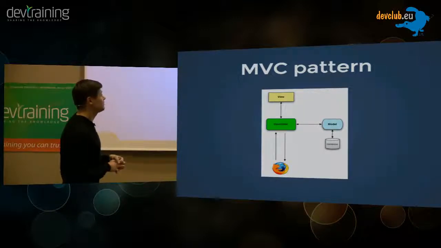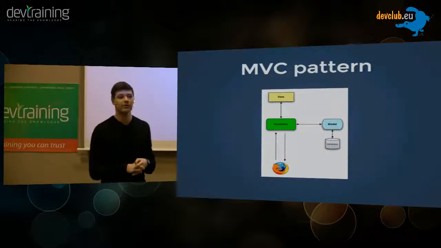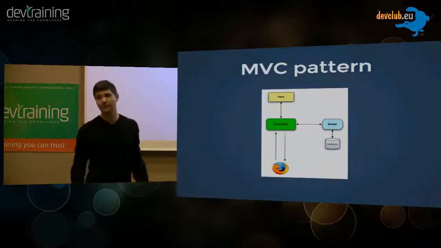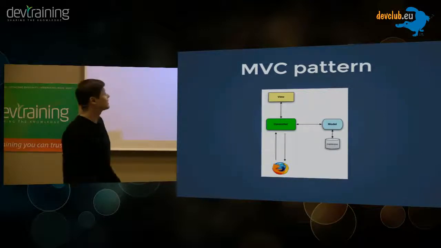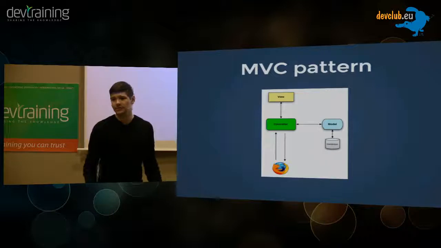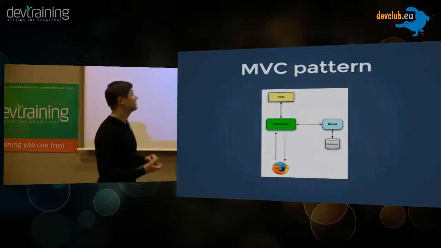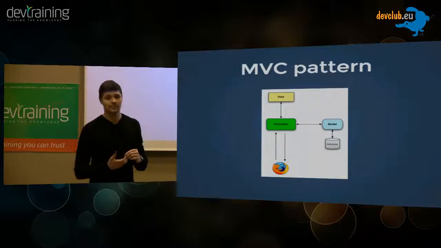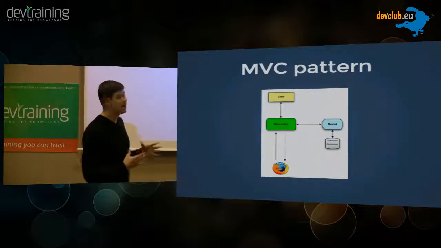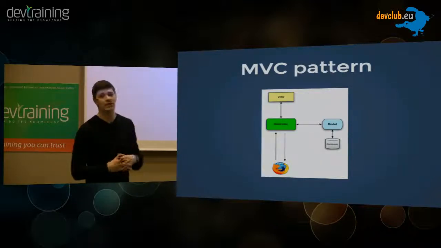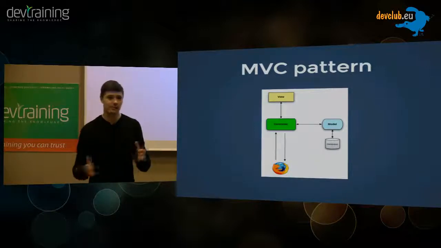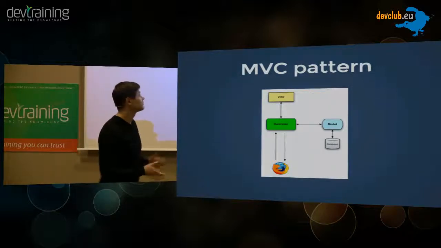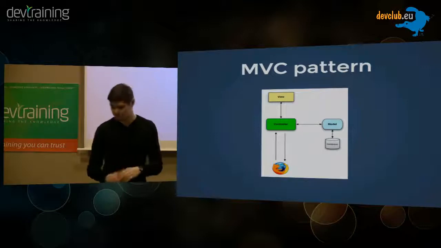When the browser requests some URL, this request gets processed by a controller, and the controller renders a view back to the browser. And if necessary, the controller applies to model classes, and model classes, if necessary, interact with the database. Simple as this.